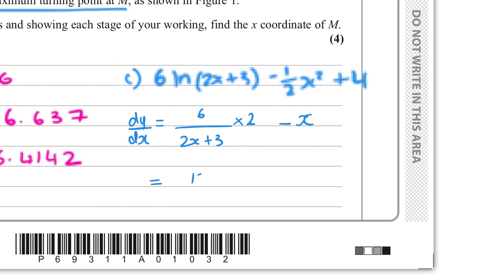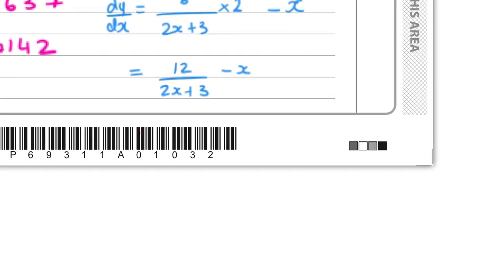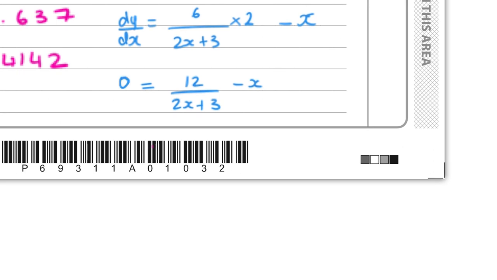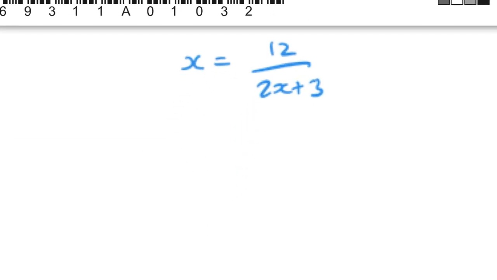So I'm going to get 12 over 2x plus 3 minus x. Okay, this equals 0. So what I'm going to do is move the x to the other side, and multiply both sides by 2x plus 3, so I'm going to get 2x squared plus 3x equals 12.